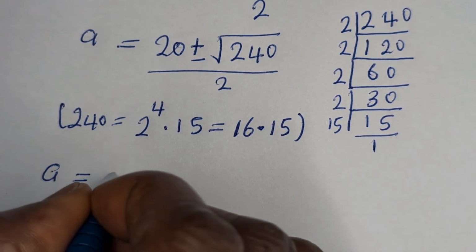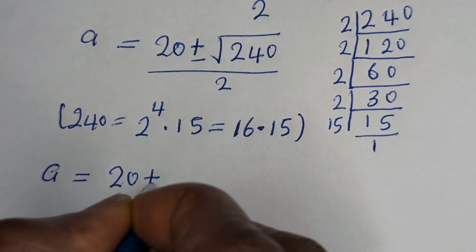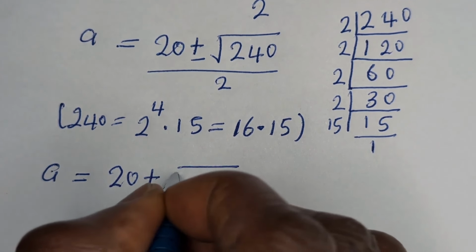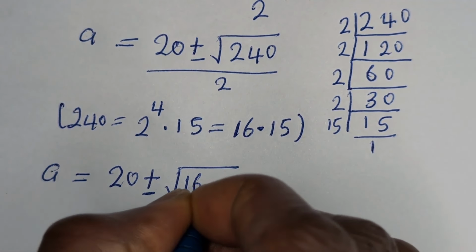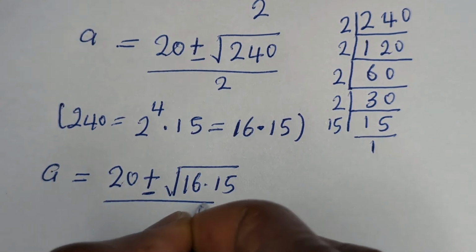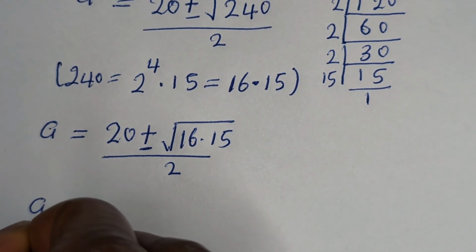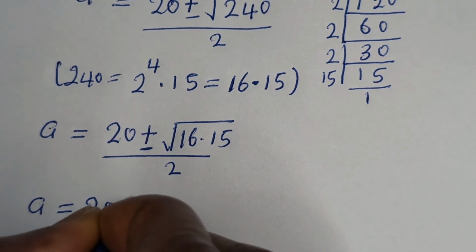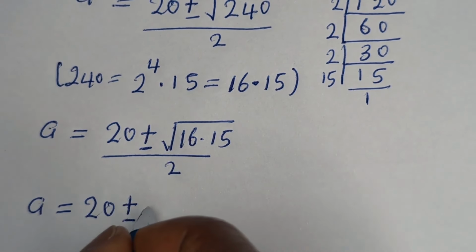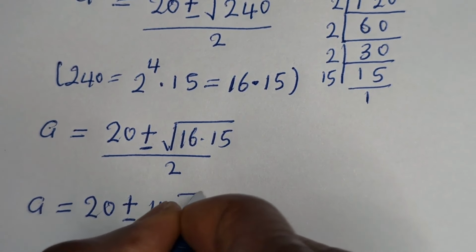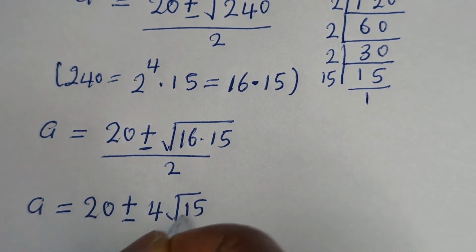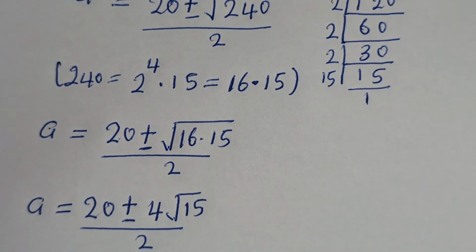a is equal to 20 plus or minus square root of 16 multiplied by 15 over 2. a is equal to 20 plus or minus square root of 16, that is 4 root 15 over 2.